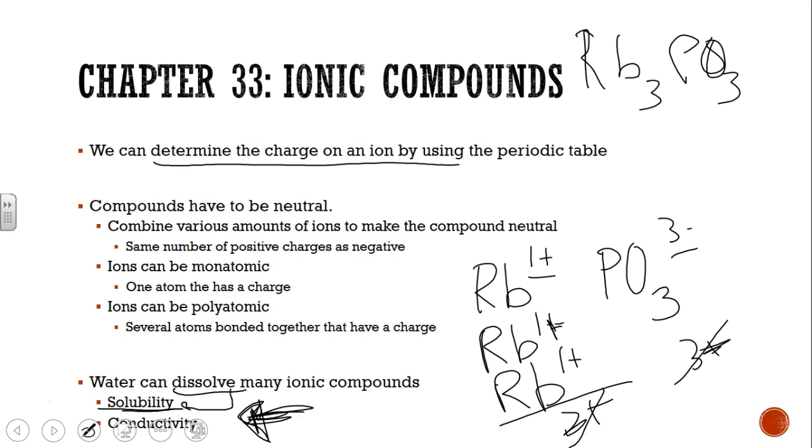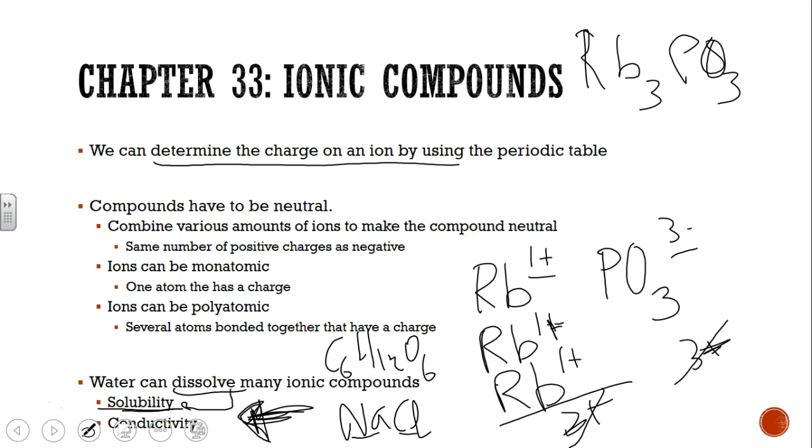Something like salt water: salt is NaCl. It's an ionic compound, a metal and a nonmetal. That conducts electricity when it's dissolved in water. Sugar water: sugar is a covalent compound, C6H12O6. It's all nonmetals shoved together.